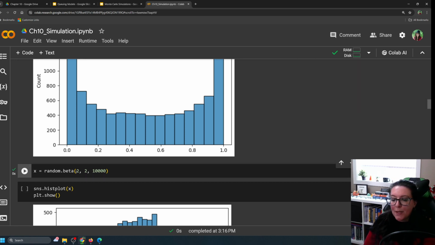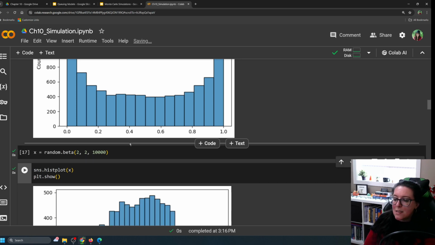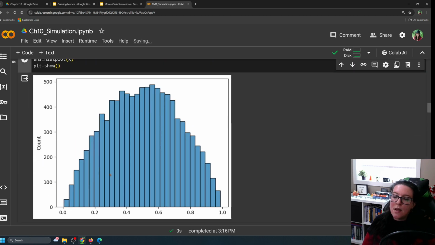So start playing with different values of alpha and beta to see what the distributions look like. So notice here, when we have that alpha and beta are both 2, it starts to look more like the normal distribution, but it doesn't have tails. So notice here it cuts at 0 and 1.